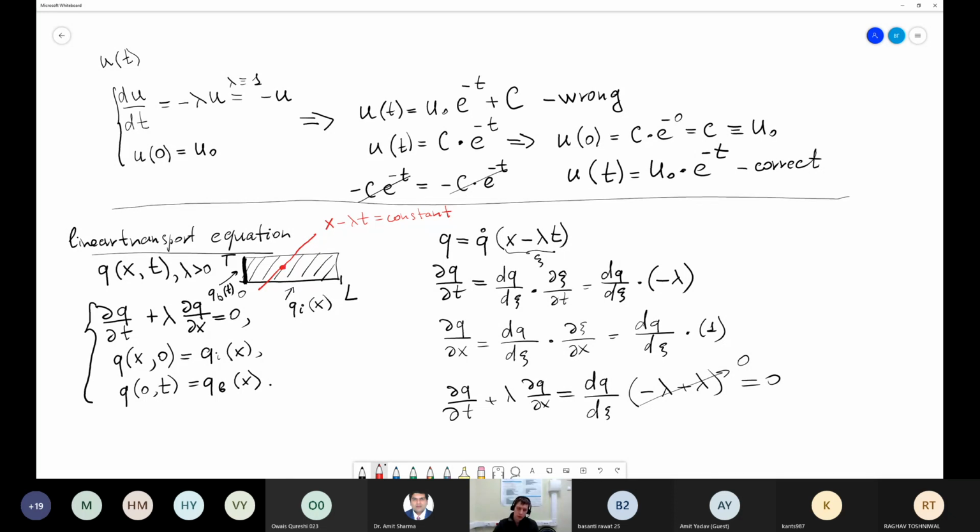That's why if we want to know the value here, we have to go back and bring the solution from the initial function q0. And I can write it explicitly that q of x and t is the q0 of the function x minus lambda t.